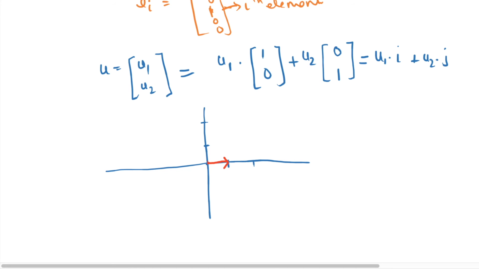And the vector j would be this vector, and you can see that these two have length 1, and also vectors i and j are perpendicular to each other.